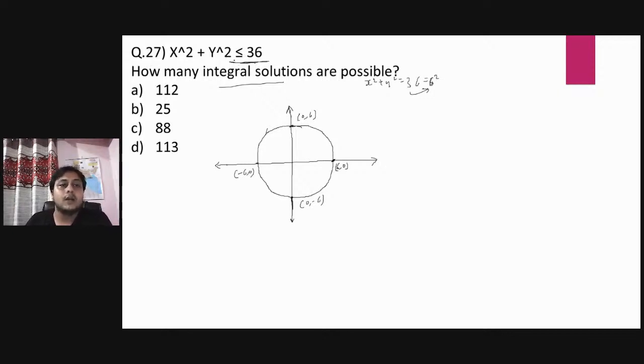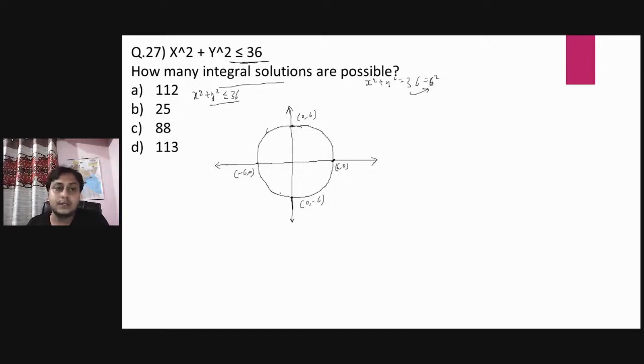Got it? Now, the equation is x square plus y square less than or equal to 36. Less than 36 means you have to find the integer points that should lie inside the circle.